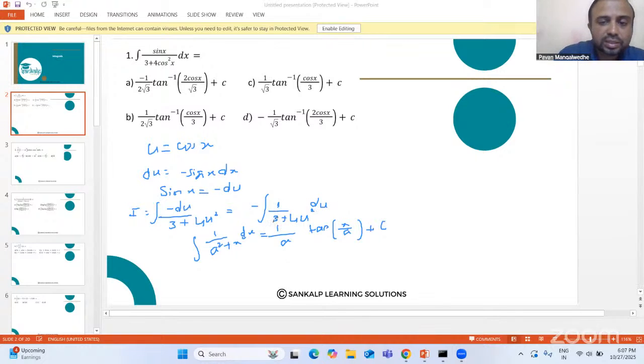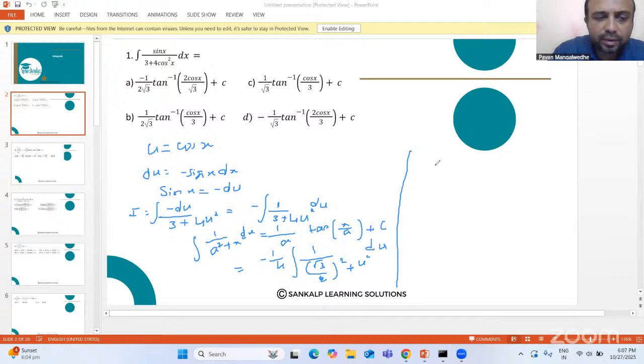So after this, just convert it into the form of minus 1 by 4 of the integration of 1 by root 3 by 2 the whole square plus u square into du. Apply a as the standard: if you replace this whole quantity by a, you can treat it as root 3 by 2, this whole term.